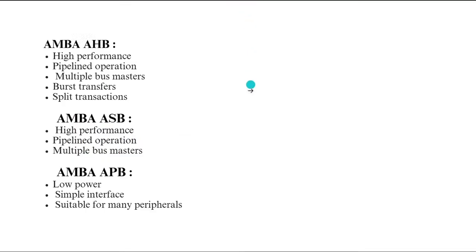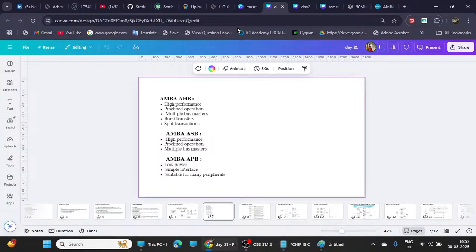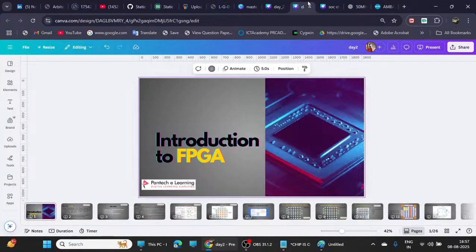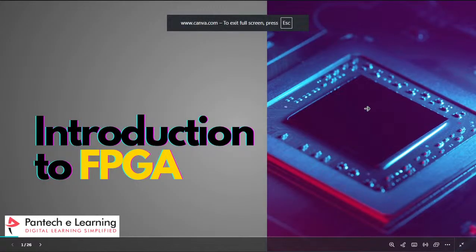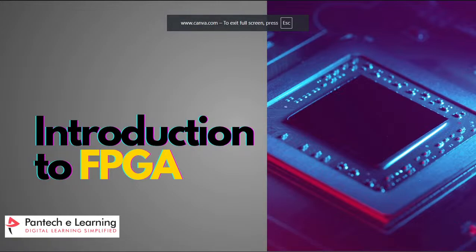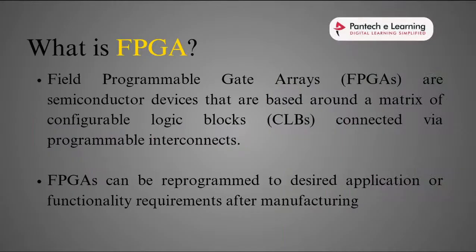So coming to the FPGA. Till now we have seen microcontroller, microprocessor, SoC, and then ASIC chips. We have seen all these chips, but they all look like the same. Why?